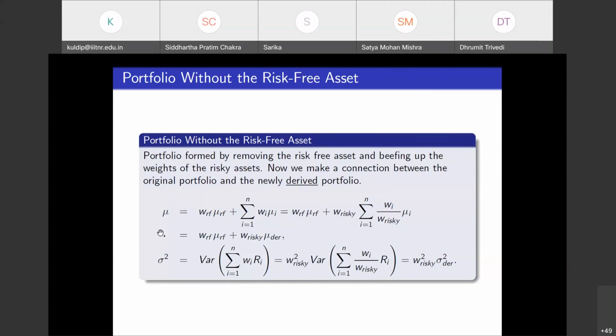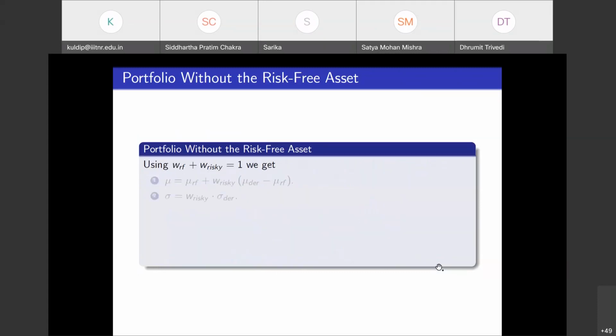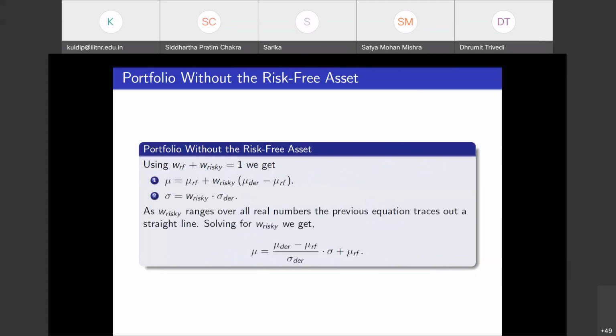So this mu sigma, you view this as the Kappa mu sigma, and this mu dir sigma dir, you view this as the Markowitz mu sigma. Now remember that W RF plus W risky is equal to 1.